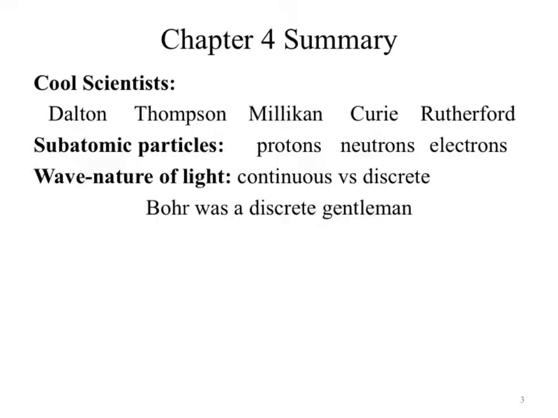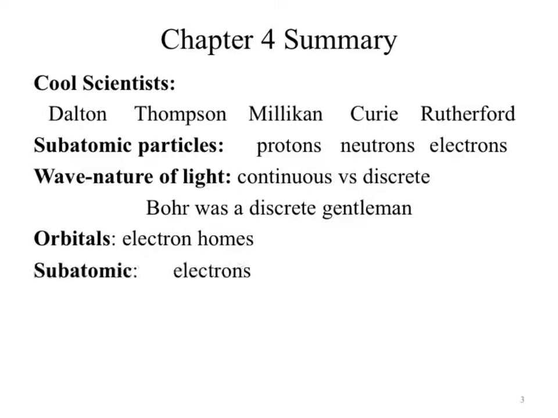Okay, and the next part of this is Bohr took that atomic line spectrum and actually gave us the existence of our electron orbitals. So he was all about being discrete. Orbitals are electron homes, where they exist. That's where we get the different orbital types, which I didn't put on here.